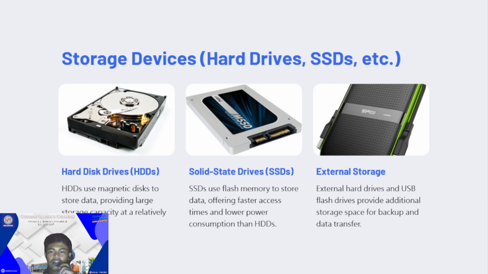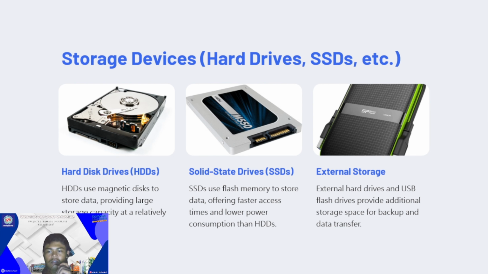While for SSD, we use flash memory to store data, offering faster access time and lower power consumption than HDDs. And external storage and USB flash drives are used for backup storage.